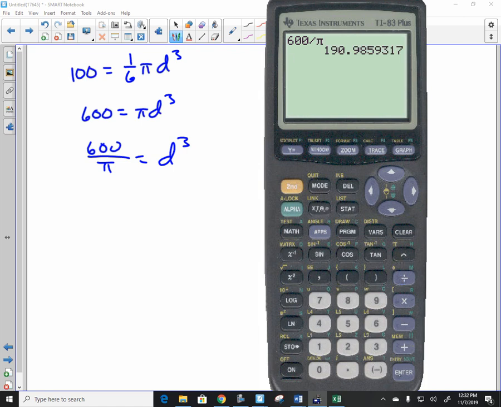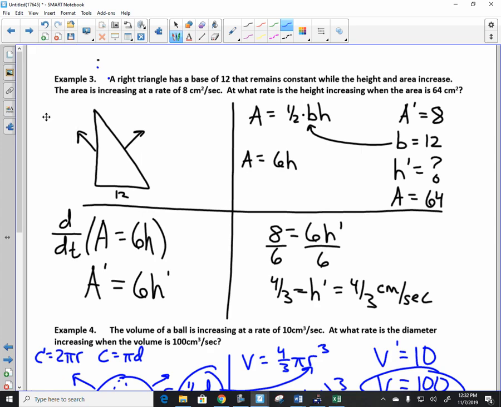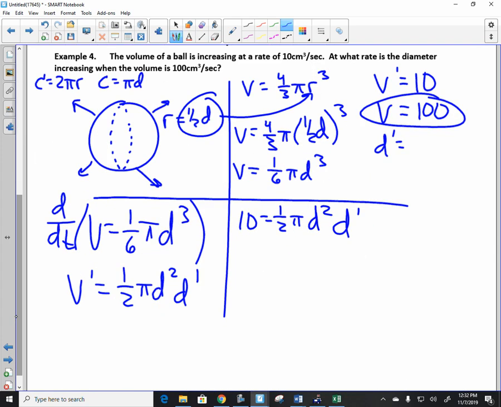And I'm going to find the cube root of that. I like to take things to the 0.33 power. That's kind of how I operate. 5.75, we'll go 5.76. Are we okay with that? So I did a little side work here to find out that diameter is equal to 5.76.